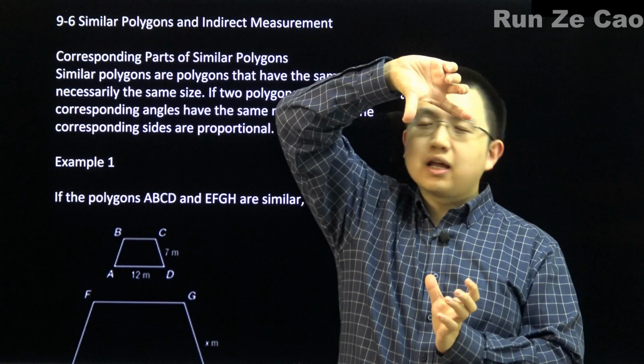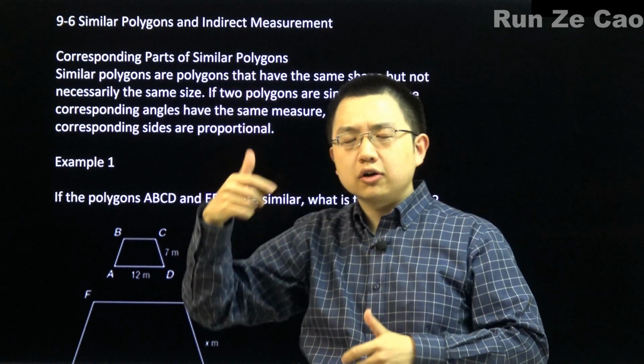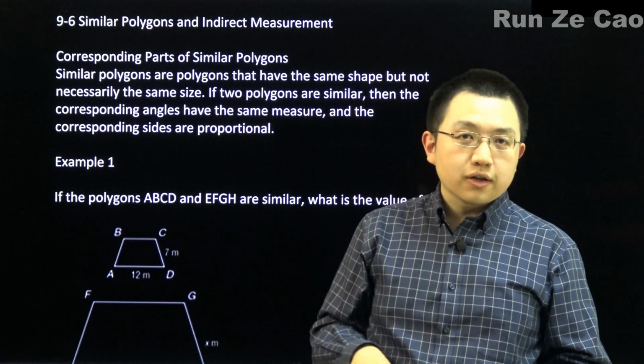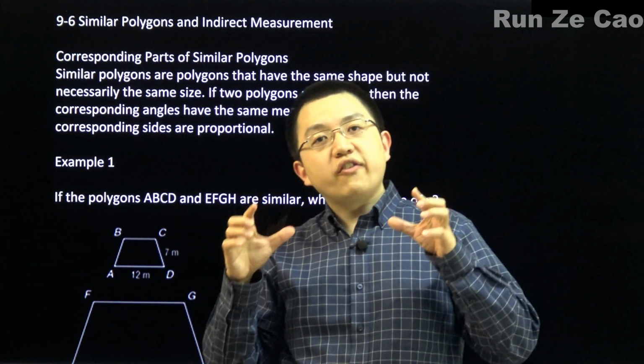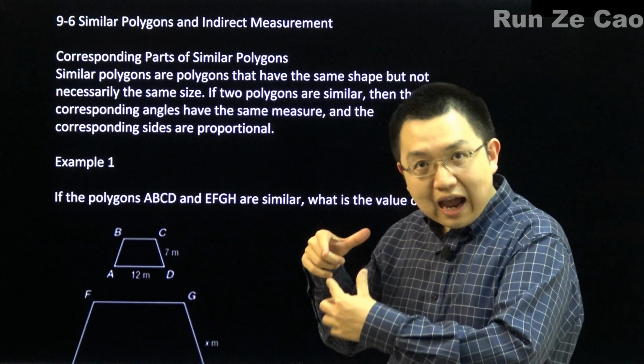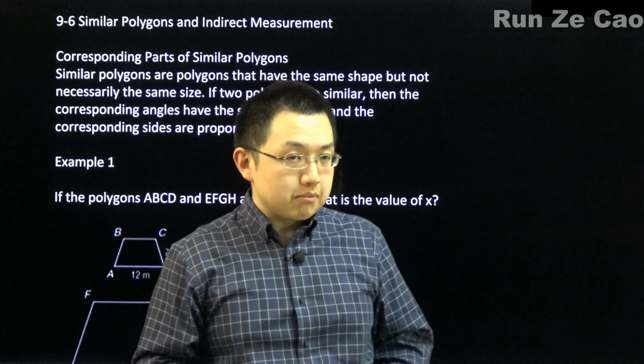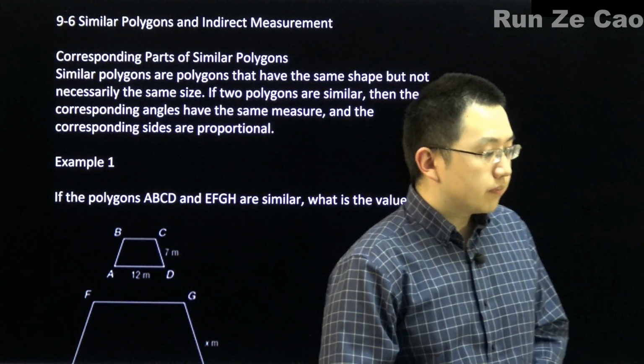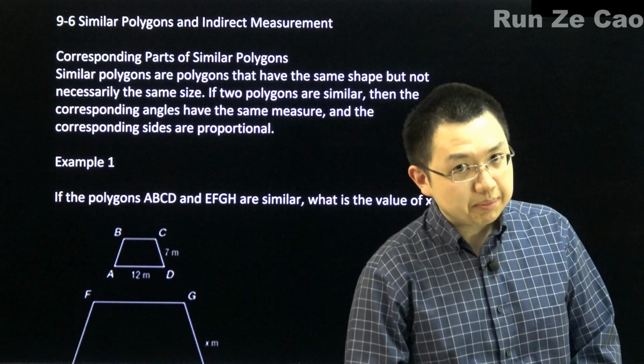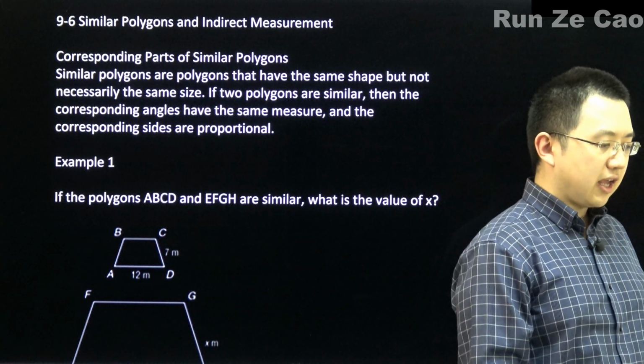Maybe it got rotated or flipped or whatever. But the angles correspond to each other, and the ratios of all the corresponding sides, which are between pairs of angles, are the same. So they have the same shape, but not necessarily the same size.